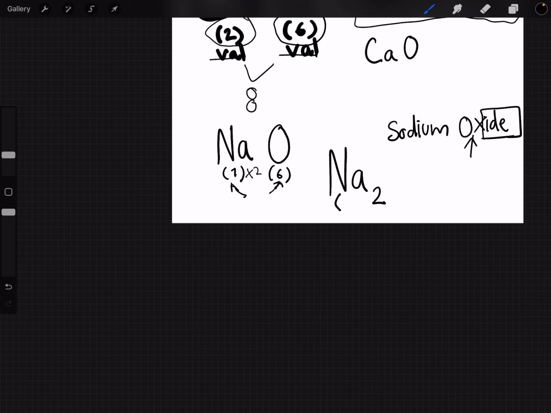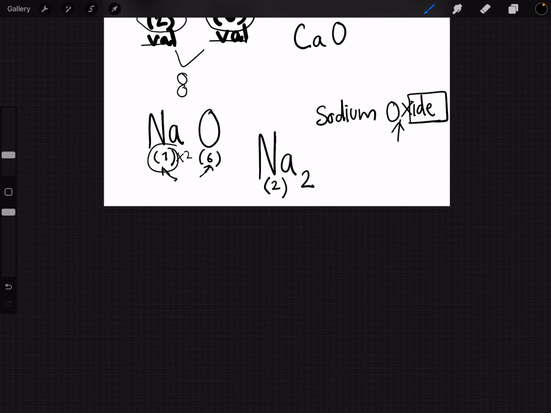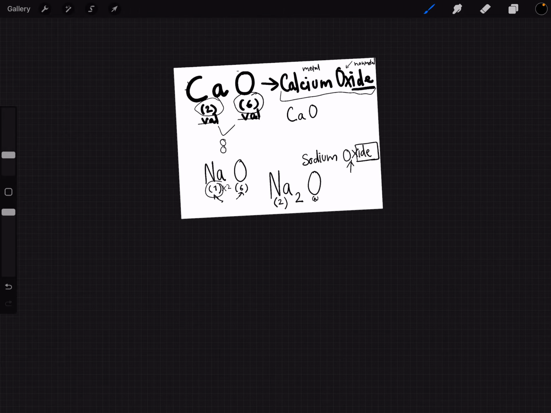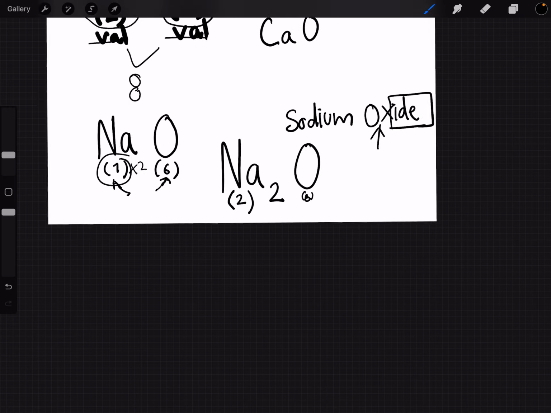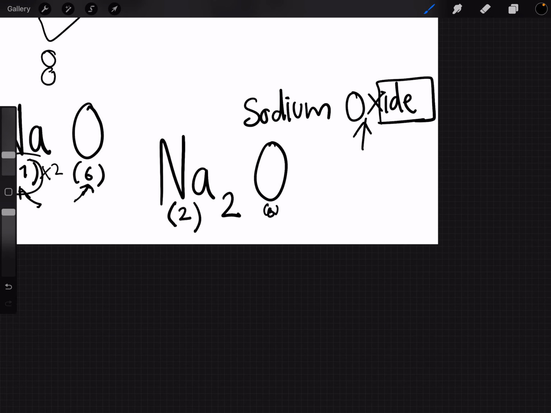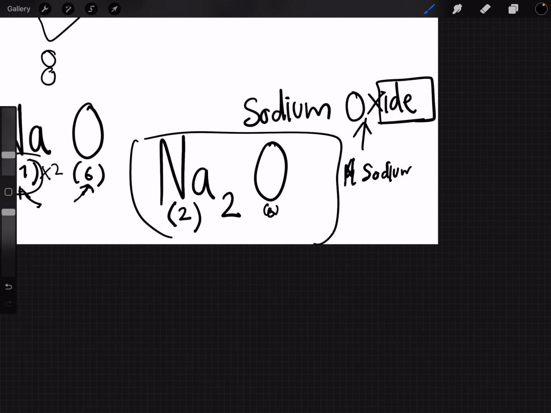If you had 2 sodium, it'd be like 2 valence electrons, adding up with 1 oxygen, since it has 6. And stuff like that. And then normally you will also see this, and essentially you have to look at the periodic table and then list out the name, like sodium, and then you find this and put oxide.